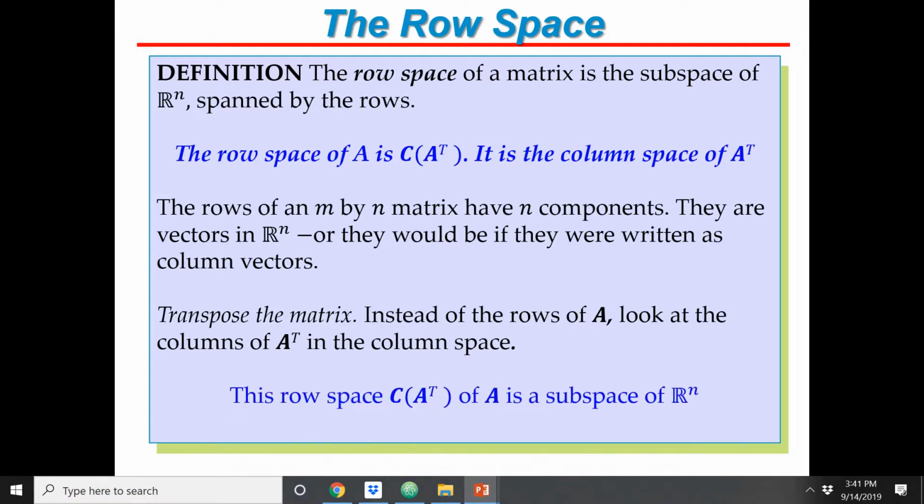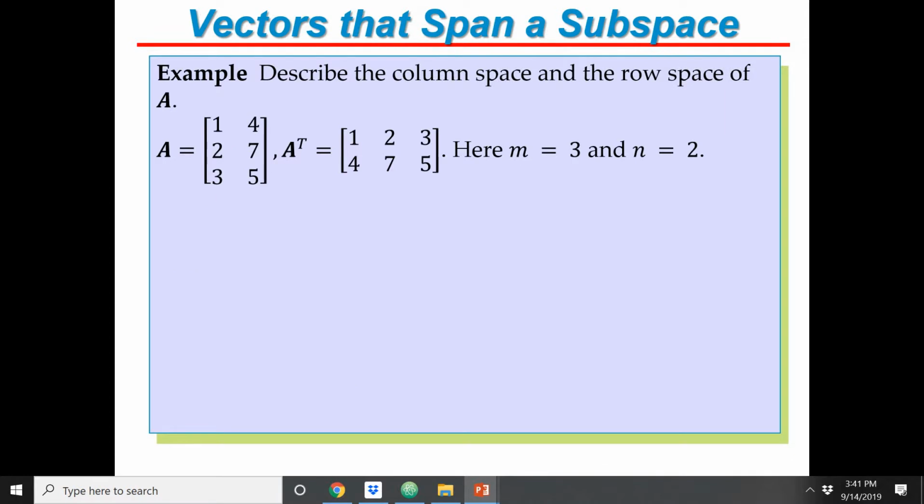So let me give another example. Here is A transpose, so m equal to 3, n is equal to 2. So the column space, you can see, just without doing anything here, these two columns look to be independent. So r is equal to 2 in this particular case.